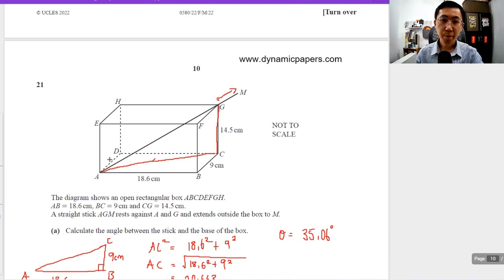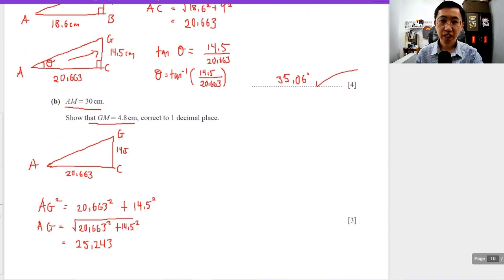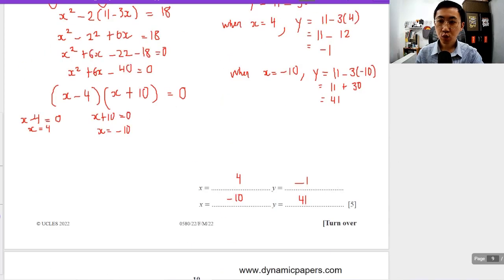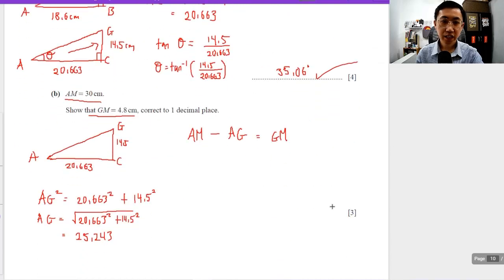Now they told you that AM is 30 centimeter and we found AG already, right? So AM minus AG, you will find GM that way. The whole length AM minus AG, which we found, is going to get you the length of GM. So 30, given by the question, minus AG, which we have already found to be 25.243.